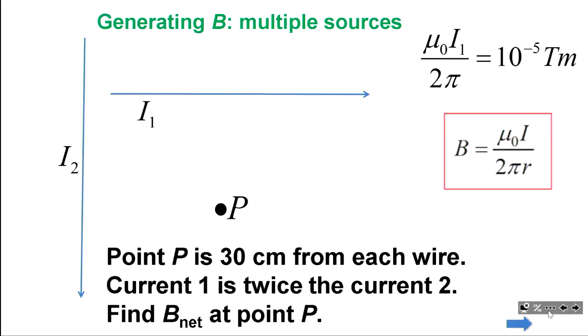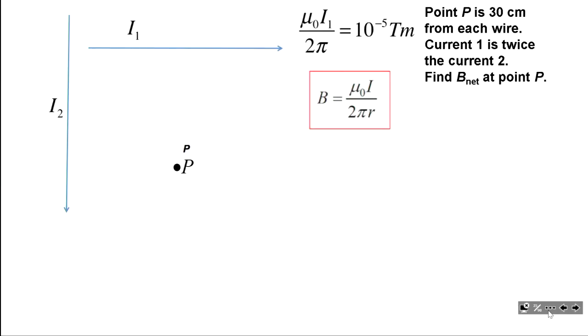So what do we do? We use the same approach we used before. For each source, we have to draw a vector which represents its individual field, and then we have to add them up together. So I'm going to, again, give you a minute or two. You have to draw two vectors. One vector should represent the magnetic field from the first wire, and the second vector should represent the magnetic field from the second wire. Where? Here at the same point, because that is where we should add them up.